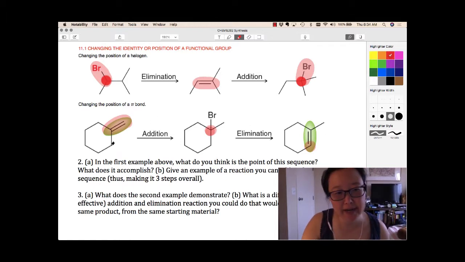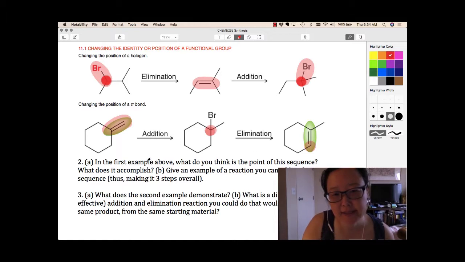So notice over here I had no reactivity at this carbon directly. I mean, it's in an allylic position, so you learn about that a little bit. But I'm moving the pi bond from here to here. So when you move pi bonds, recognize that you need to go through an addition reaction. You need to add some leaving group that's going to enable you to eliminate it a different way. All right, so those are the main ideas right now.